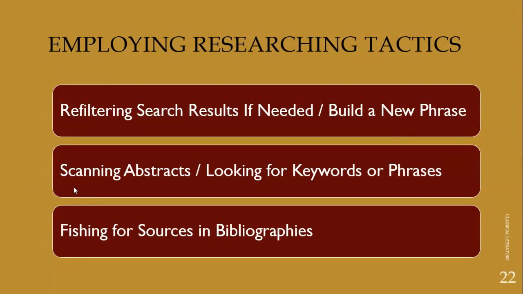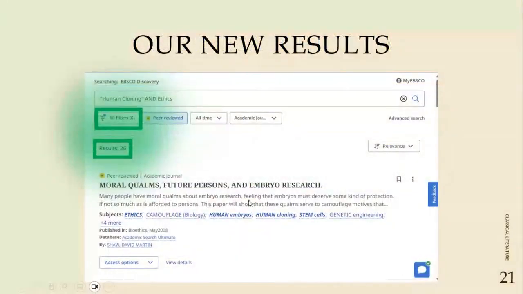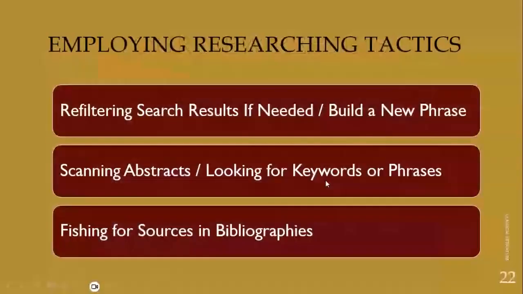So what I want you to do is scan those abstracts. You can see them right here. Here's part of the abstract, but after you click on it, it'll show the complete abstract. Then you can start looking at those keywords and phrases. If you don't like it, you just go back to your 26 results, go to the next one, check that abstract, open it up, look for those keywords and phrases, and just move on.